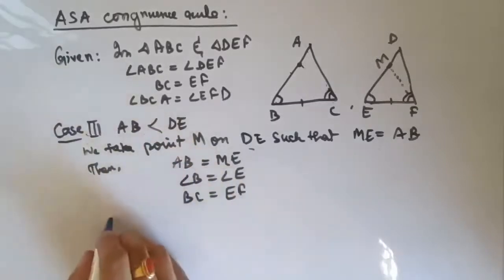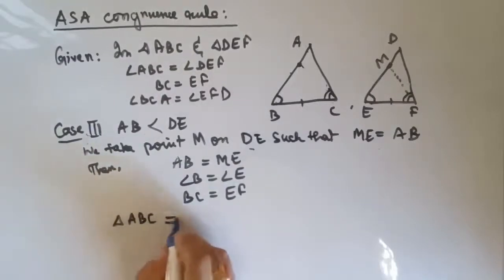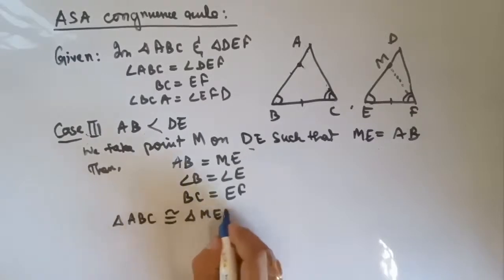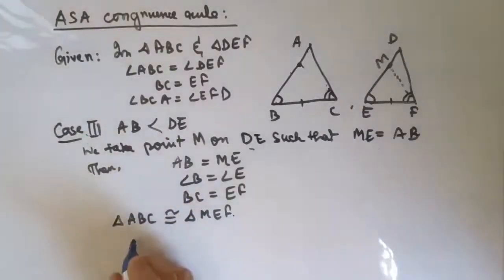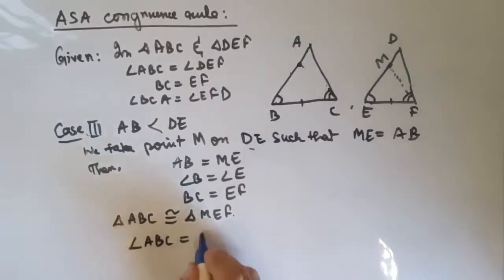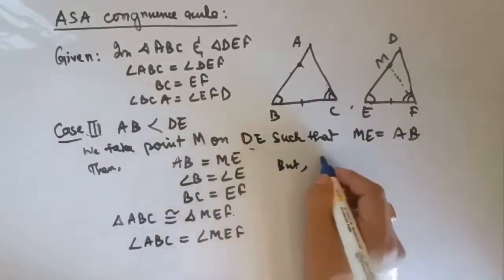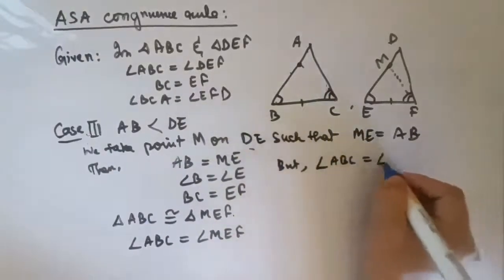So by SAS Congruence Rule, triangle ABC is congruent to triangle MEF. Since these two triangles are congruent, angle ABC is equal to angle MEF, but angle ABC is equal to angle DEF.